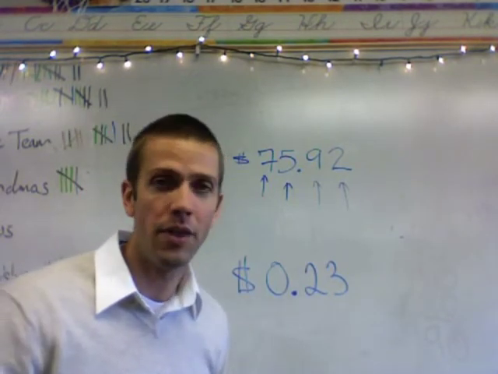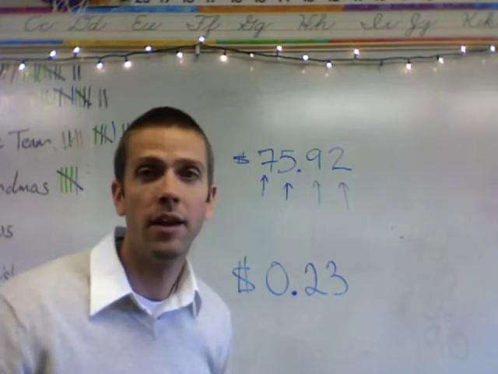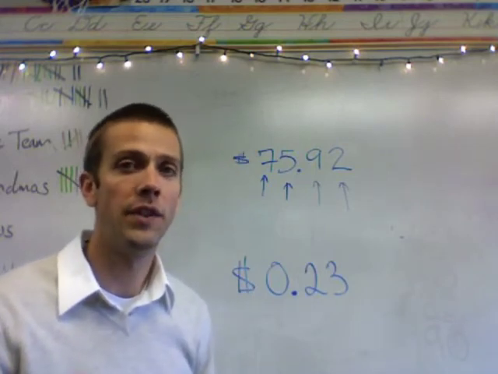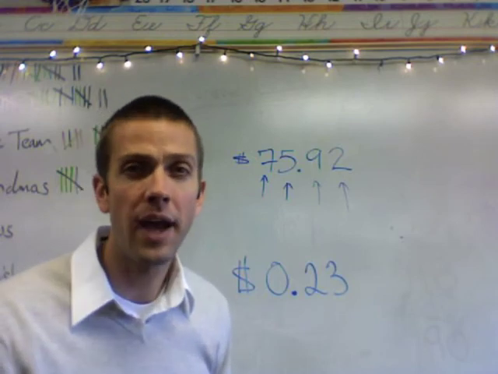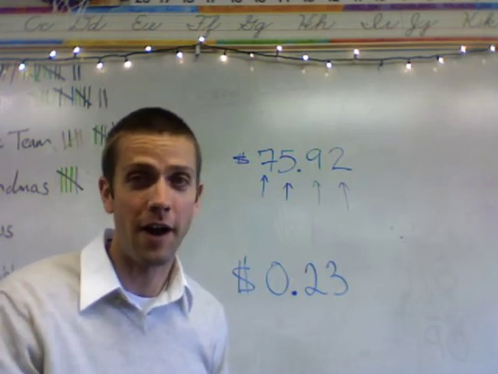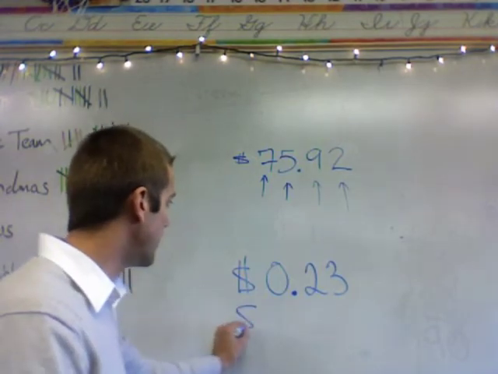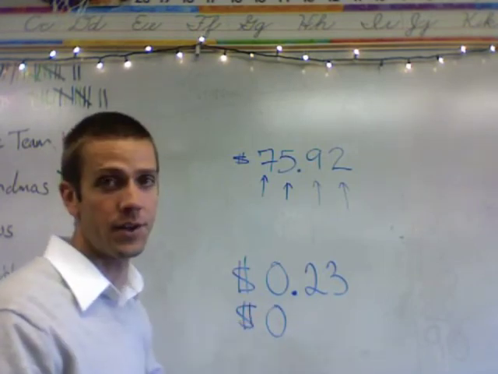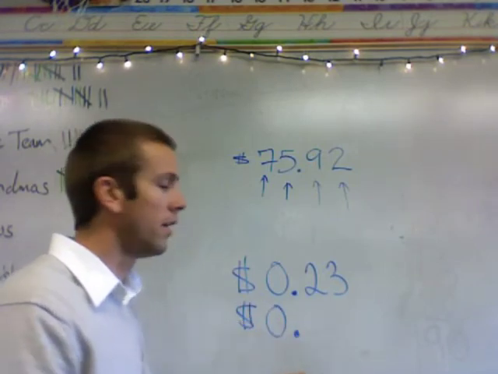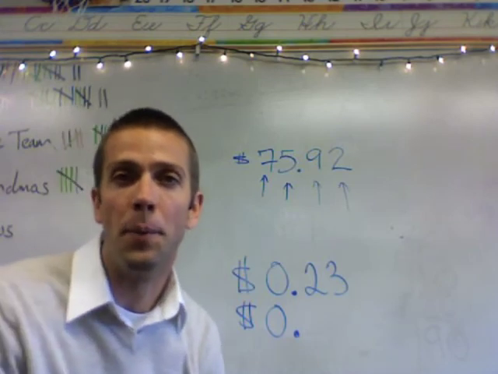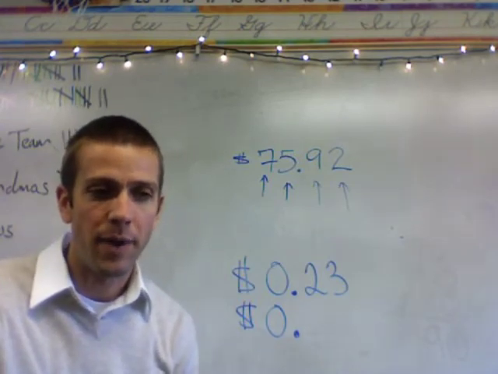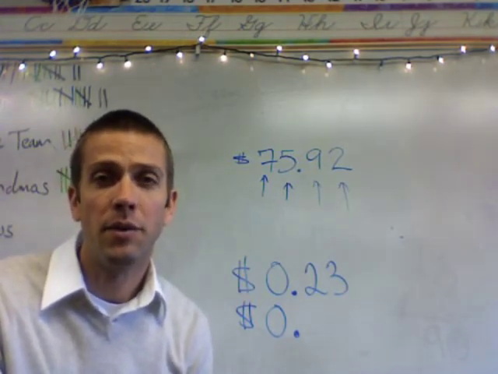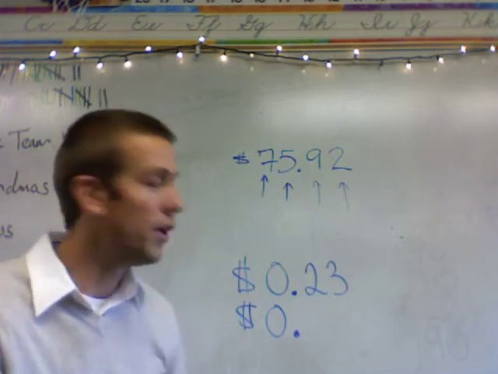Let's try that again with number 10, 4 cents, but with the dollar sign. So how many dollars do we have? Well, we have none, right? We have 4 cents. So there is $0. And now how would the 4 cents go? Is 4 cents made with pennies or dimes? It's made with pennies, right? So you wouldn't put it in this first column.